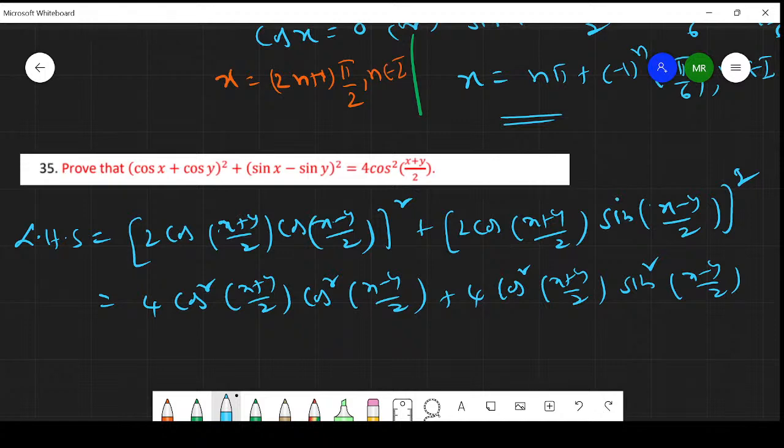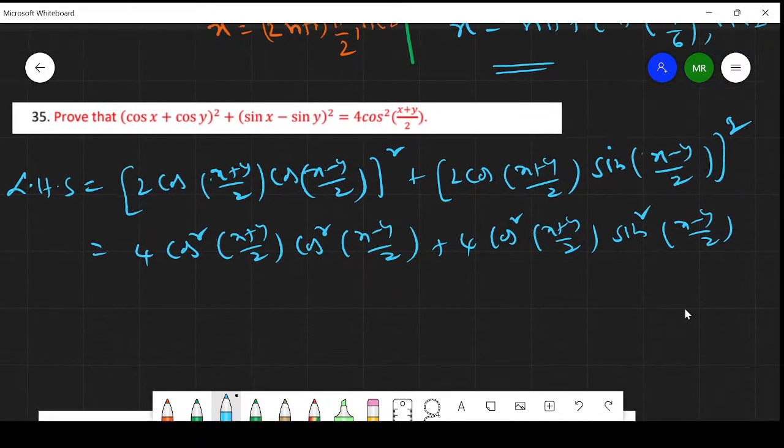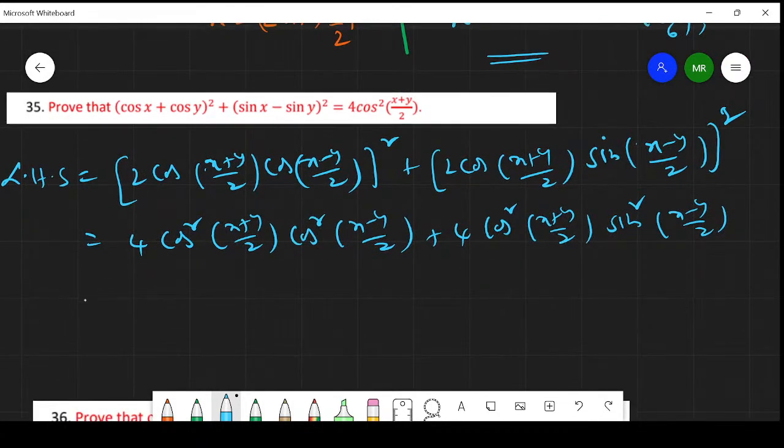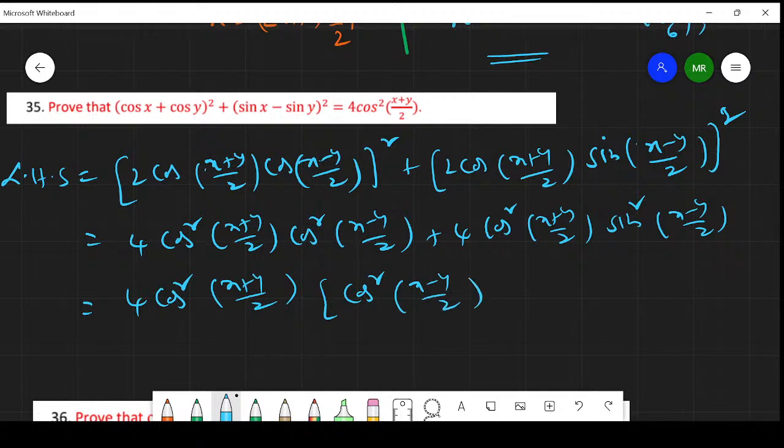From these two, can I take 4 cos square (x plus y) by 2 common? Then the terms remaining are cos square of (x minus y) by 2 plus sin square of (x minus y) by 2.